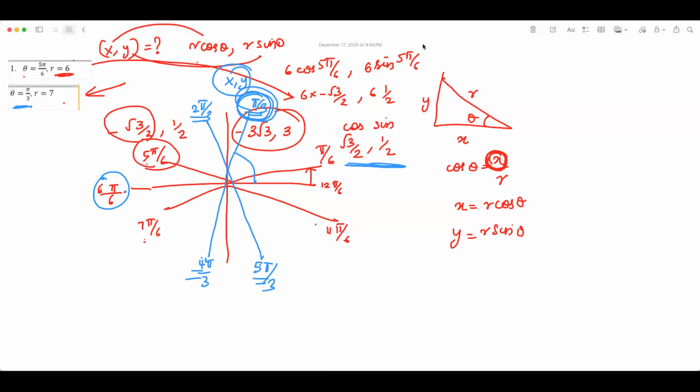What is cos pi by 3? Is it 1/2? Cos pi by 3 is 1/2. Good job. I'll give you the clue. What is sin pi by 3? Square root 3/2. Yeah. Can you do this and let me know the answers, guys?